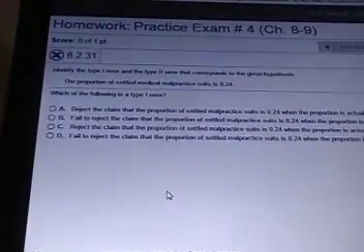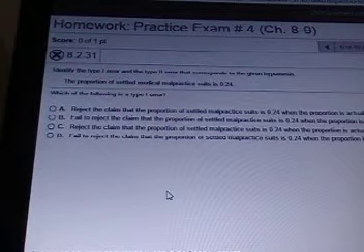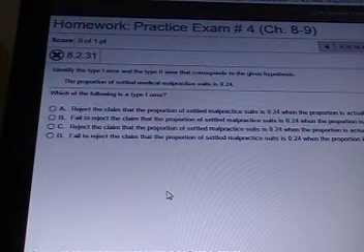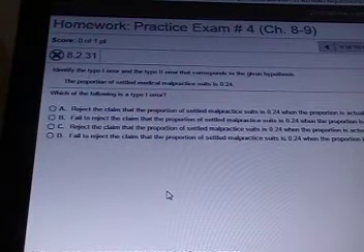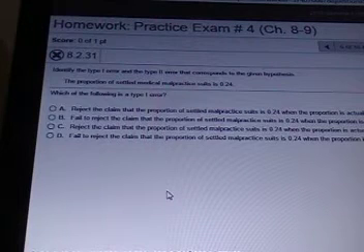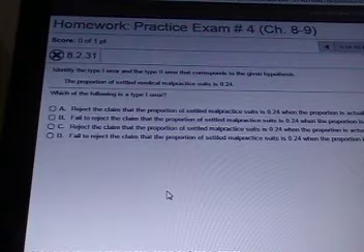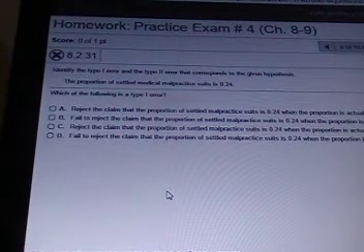So if the null is true, even if we're always out to try to reject the null, we're kind of the devil's advocate in most of these problems, we're trying to reject the null. But if it's true, we don't want to reject it. It's the same way in court. If a person's truly not guilty, we shouldn't just vote guilty no matter what just because we want to prove them guilty. If they're truly not guilty, we need to admit that and let them go.